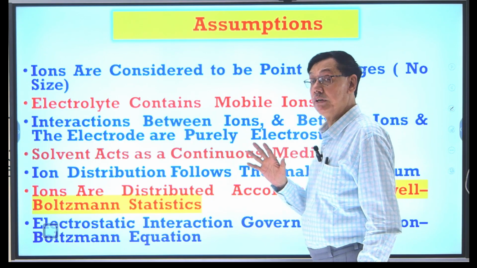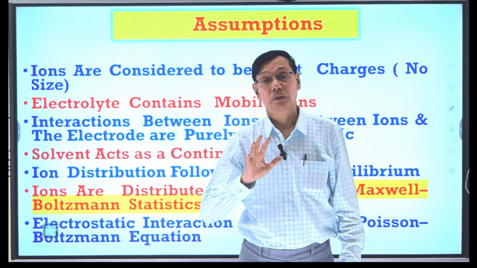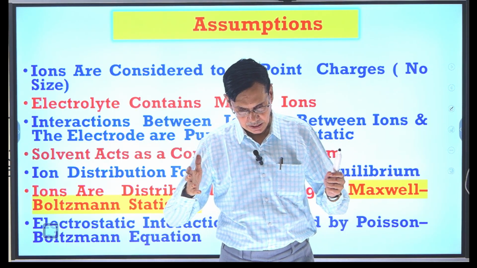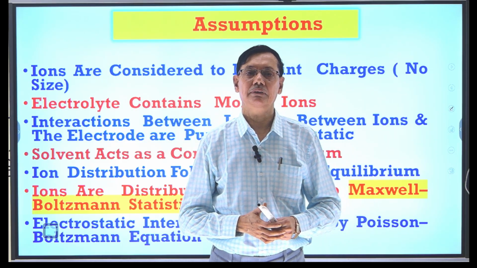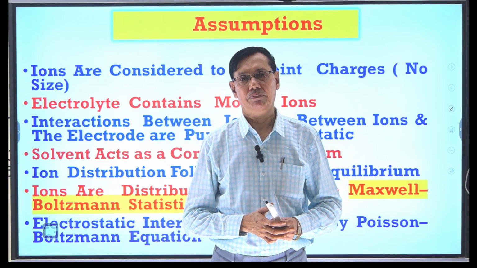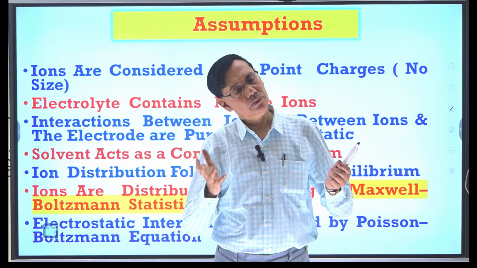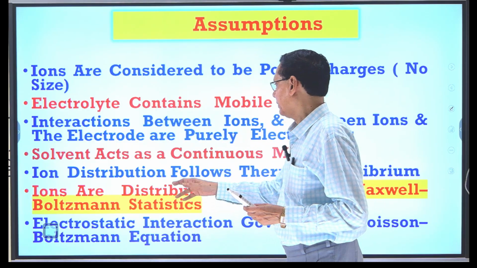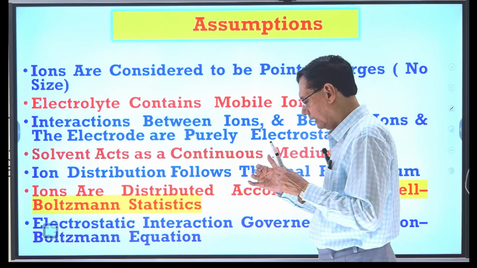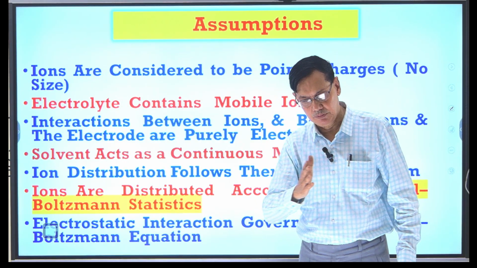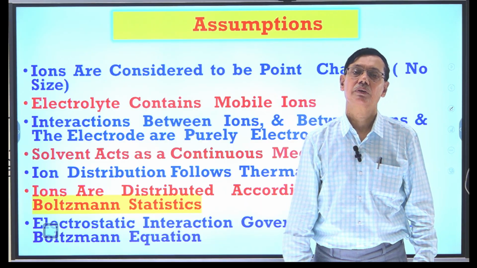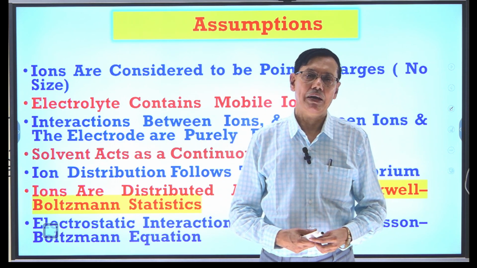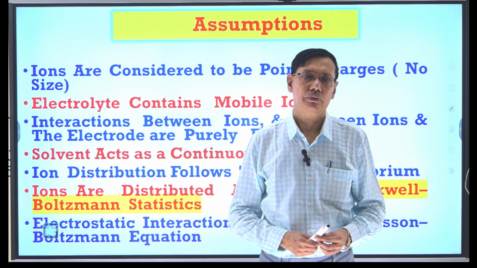And the solvent is very important, because whenever we derive this whole equation, you will find that I have to use two parameters: one is the dielectric constant of that medium, and one is epsilon 0, standard system. And ion distribution follows, when there is a distribution of ions, there is diffusion, so naturally we have to take the help of the Maxwell-Boltzmann distribution.